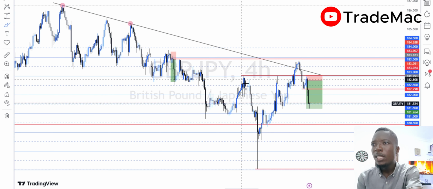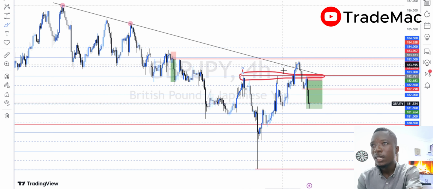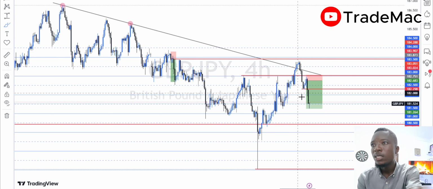So immediately the market got to this very zone right here, which it tested for the first time, the second time, and then at the third time the market printed this engulfing candle right here.